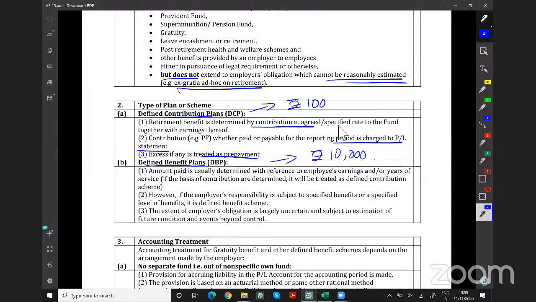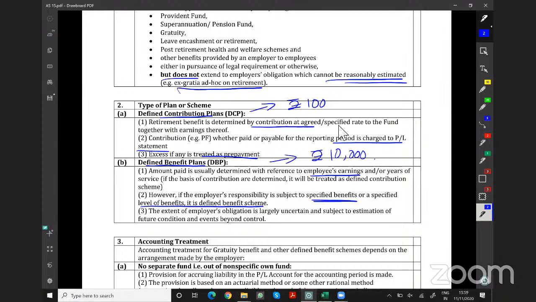Amount paid is usually determined with reference to employees' earnings and or years of service. If the basis of the contribution is determined, it is stated as a defined contribution scheme. However, if the employer's responsibility is subject to a specific benefit or a specific level of benefit, it is defined as a defined benefit scheme.